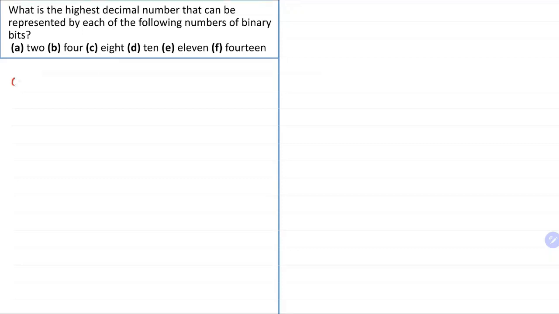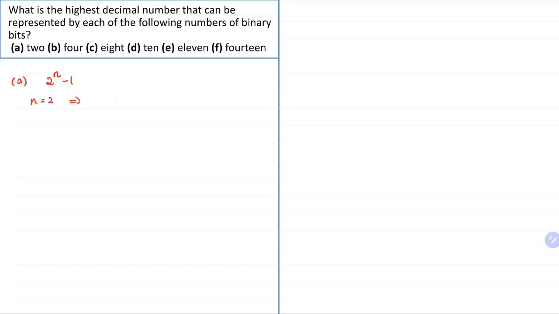So A, if we have two binary bits, the highest number that can be represented will, in general, be 2 to the n minus 1, where n is the number of binary bits. In this case n is equal to 2.